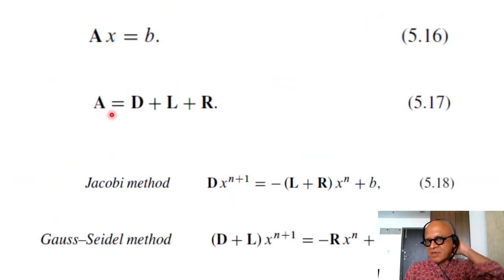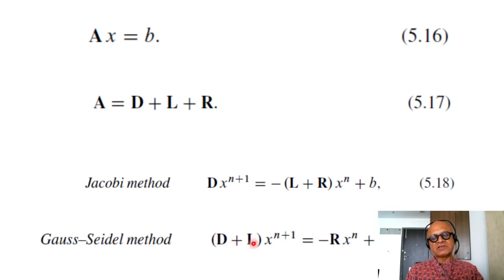So here A, remember we ended up with a block matrix, so it can be written as a diagonal term, left and right blocks, and off diagonal blocks basically. So for the Jacobi method, then we ended up writing the equation as D times x at n plus 1 equal minus (L plus R) at xn plus b, and the Gauss-Seidel method changed it by using the previously solved for terms.